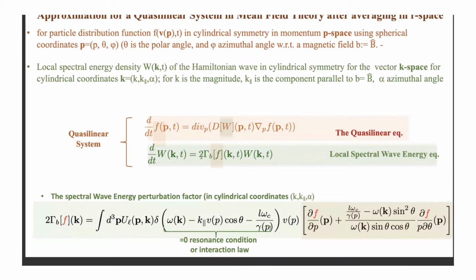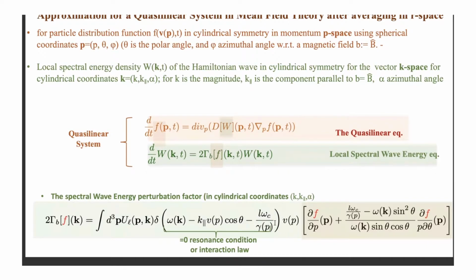It has a source term, and the source term depends on a factor called the spectral wave energy perturbation factor, which, expressed in cylindrical coordinates in the spectral space, is given by an integration of the resonance condition that ties together, through the dispersion relation, the connection between the momentum space, which is p, and the spectral space, which is whatever is in k.